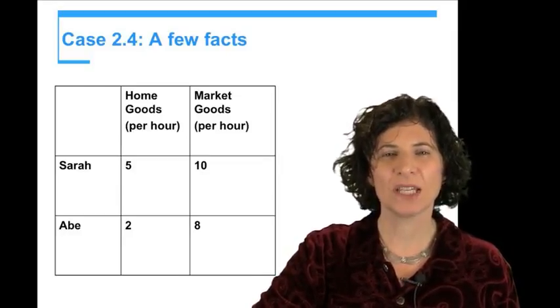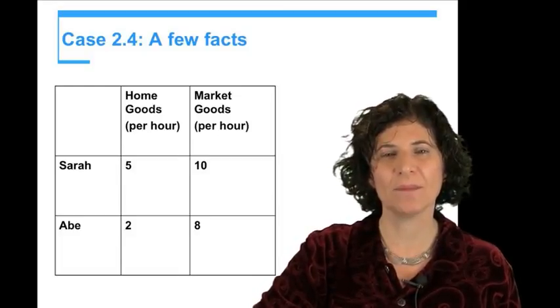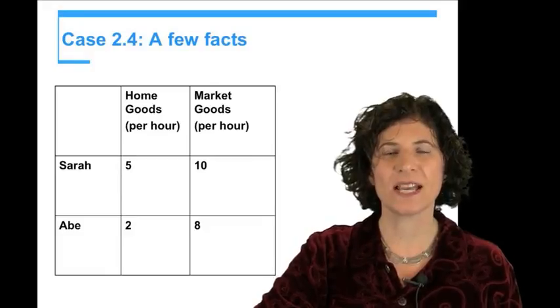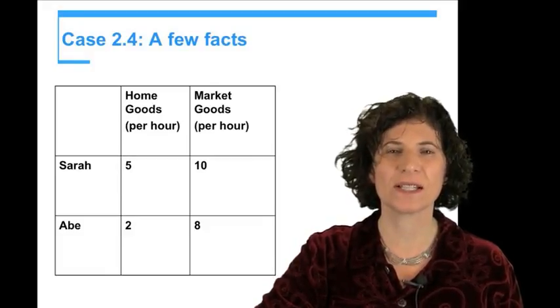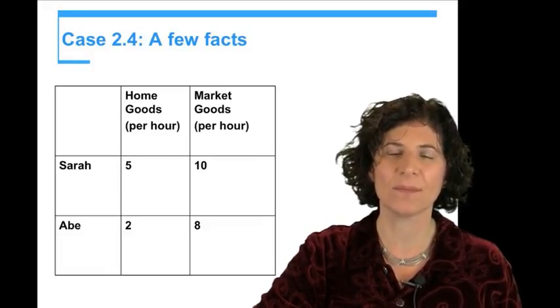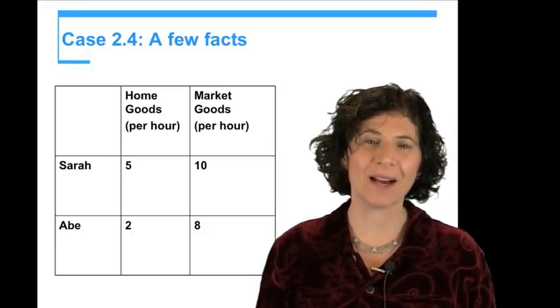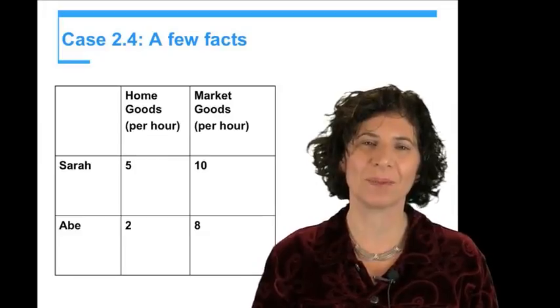I'm assuming they can divide their time any way they want between market goods and home goods. For example, Abe could decide to work 6 hours at home and 6 hours in the marketplace. He could even decide to work 11 hours at home and 1 hour in the marketplace.